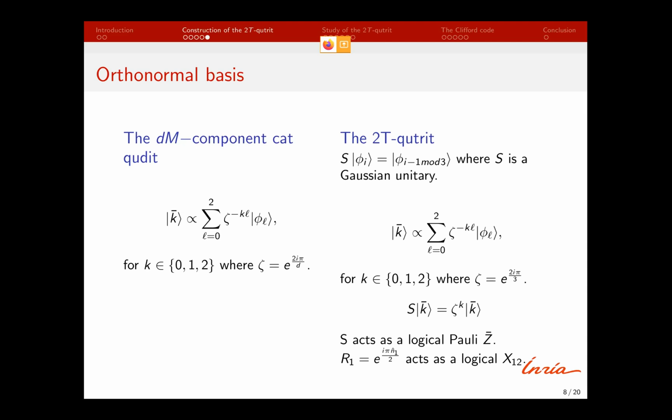There's another gate that we are able to obtain as a Gaussian unitary, which is the X12 gate, the gate exchanging the logical 0 and logical 1 states.